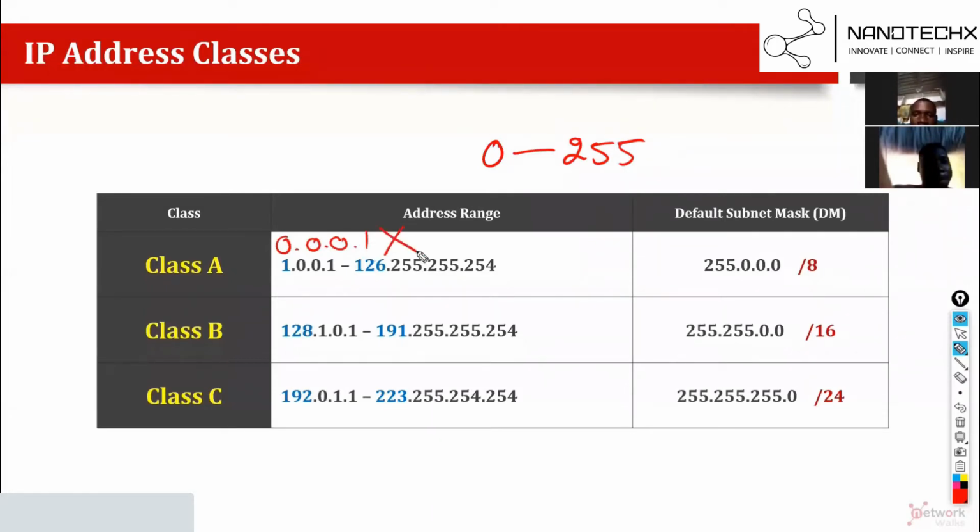So where is 127? 127.0.0.3 is also reserved. We don't care. Then after 223, there are also addresses like 224, which is multicast. Everything which is not here is reserved, right? Very clear.